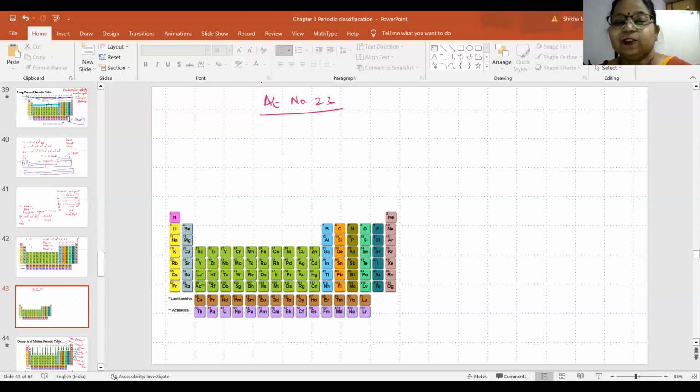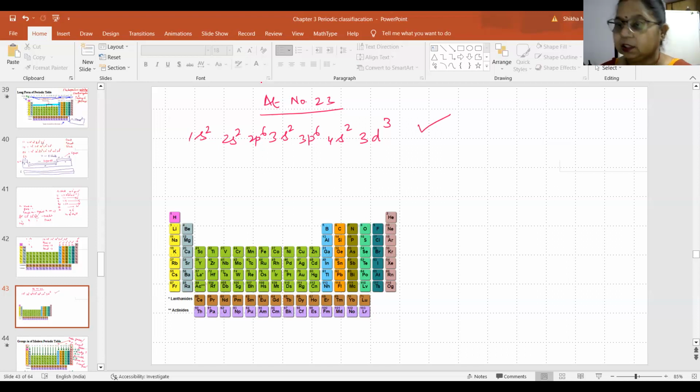If you write the configuration, all of you have written it correctly: 1s2, 2s2, 2p6, 3s2, 3p6, 4s2, 3d3. Ria's question was whether to write 3d3, 4s2 or this order. I will say this is the correct way.